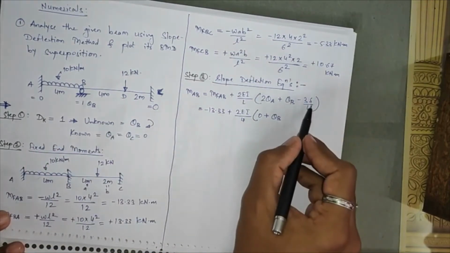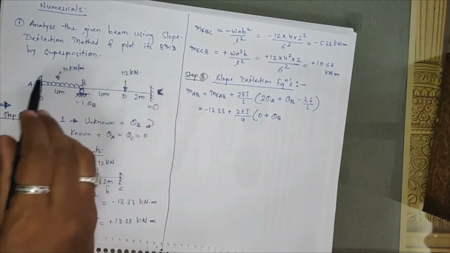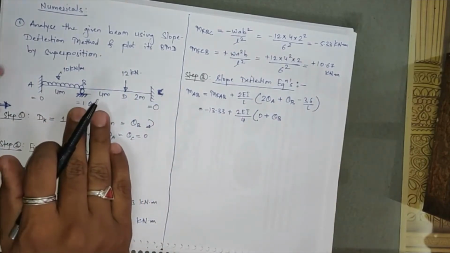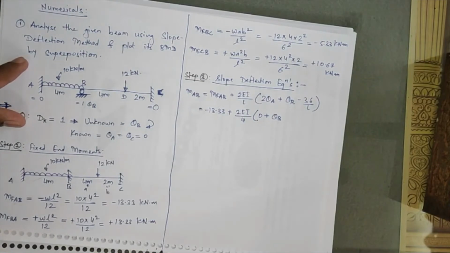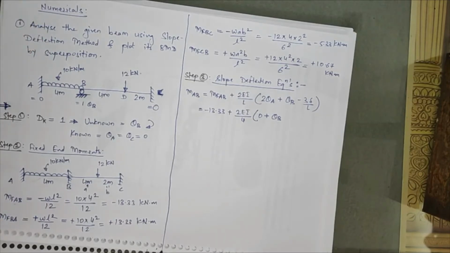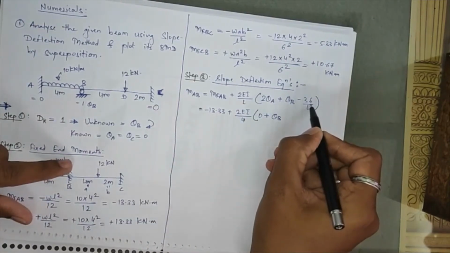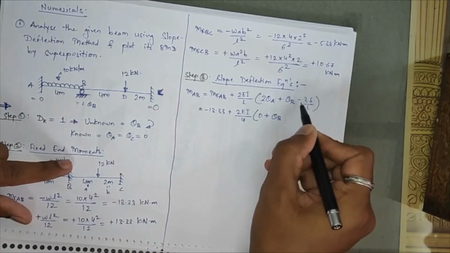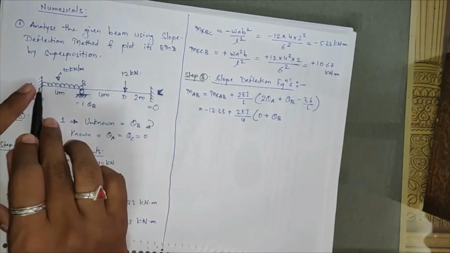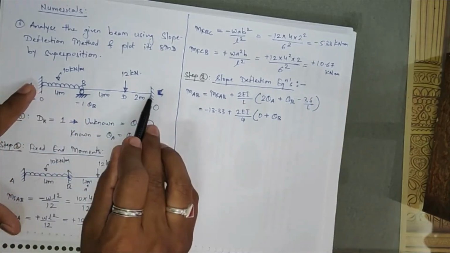Now delta, that is what? If some conditions are given in the member, given in the problem over there, that is like sinking support condition, or your support is deflecting by this much amount, or it is getting deflected by positive or negative amount over there. So at that time only you have to consider this delta signs over there. Delta is what? That is the rotation due to translational displacement, but here no translational displacement is given in this complete numerical.